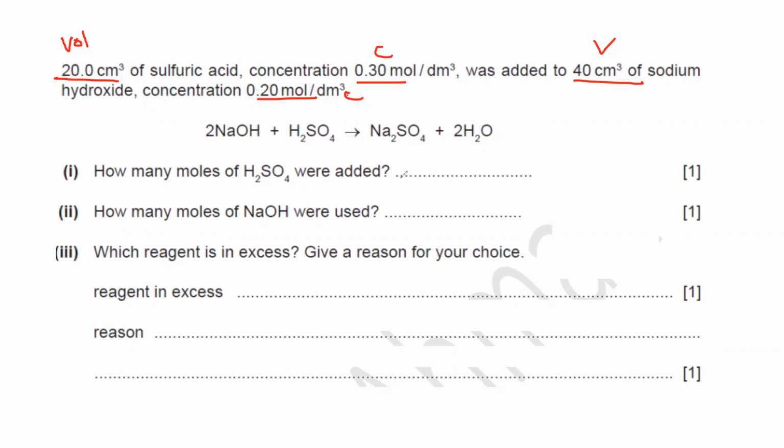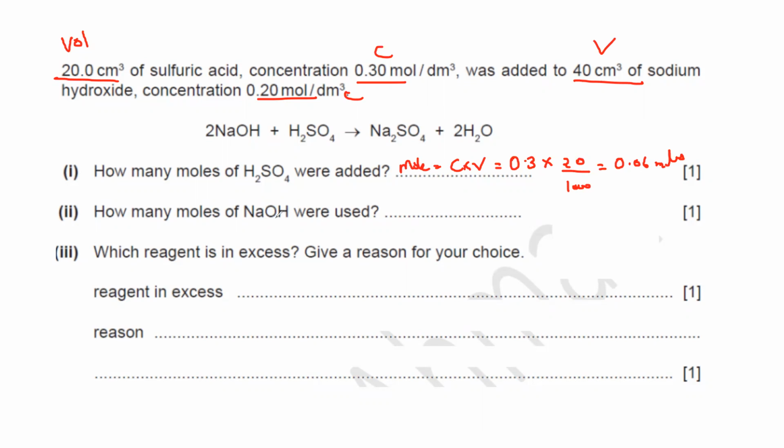So moles of a solution equals concentration times volume. The concentration is 0.3 and the volume of sulfuric acid is 20, but that is in cm cube, so we have to divide by 1000 to convert into decimeter cube. So 20 divided by 1000 is 0.02, multiplied by 0.3, which equals 0.006. So 0.006 moles are there for sulfuric acid.